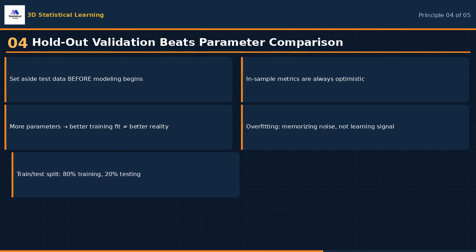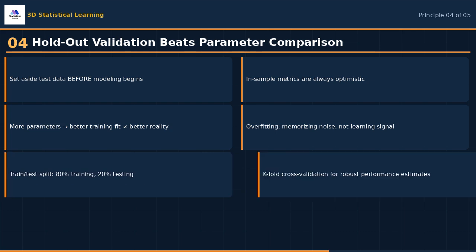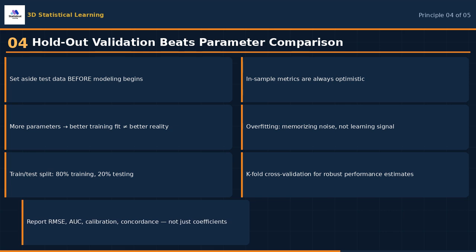Holdout validation breaks this illusion. When you evaluate your model on data it has never seen, you get an honest estimate of real-world performance. Common approaches include a simple train-test split, where perhaps 80% is used for training and 20% for testing, and k-fold cross-validation, where the model is trained and evaluated k times, each time holding out a different subset.